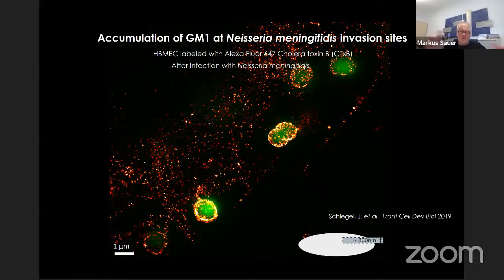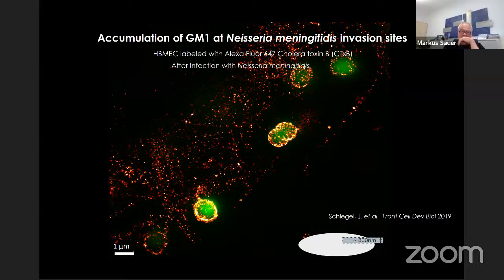And we were super happy when we saw that for the first time, but it was super challenging also to do these measurements, because you cannot measure on the basal side of the plasma membrane because there will be no bacteria. You have to measure on the apical side or just at the sides of the bacteria, so that you can really reproducibly and reliably visualize those bacteria and the accumulation of these GM1 gangliosides.